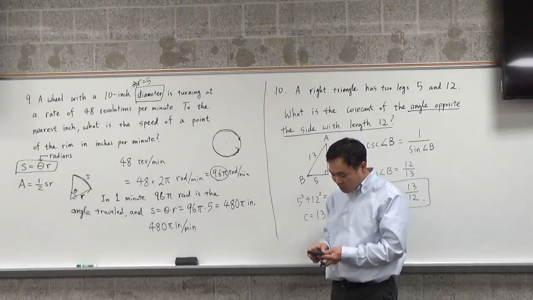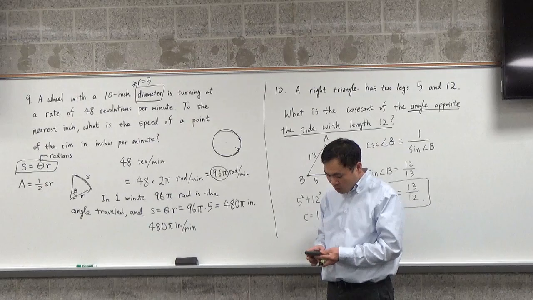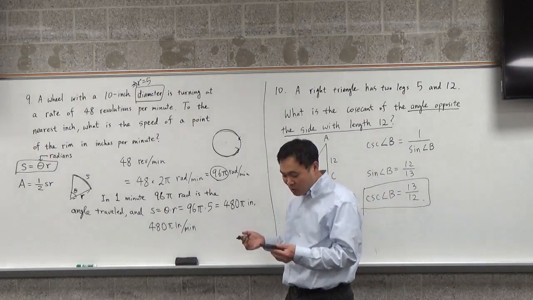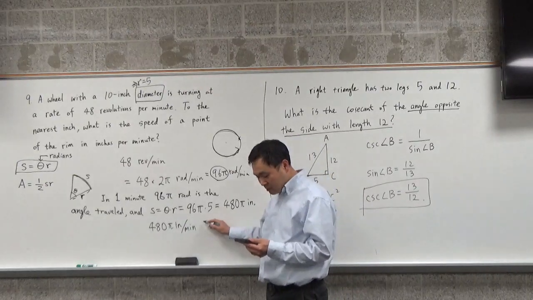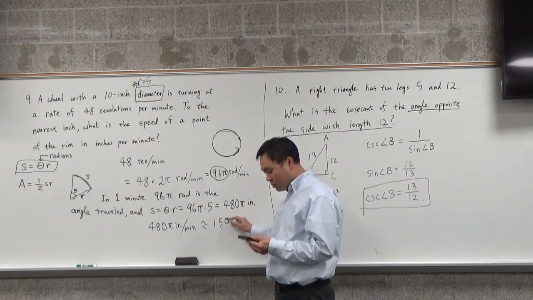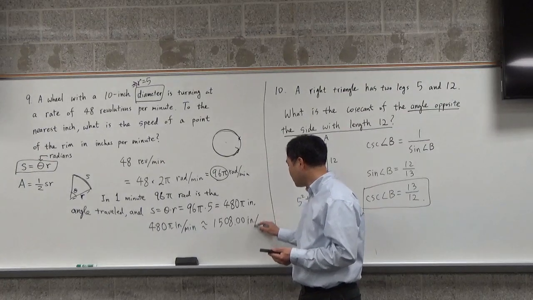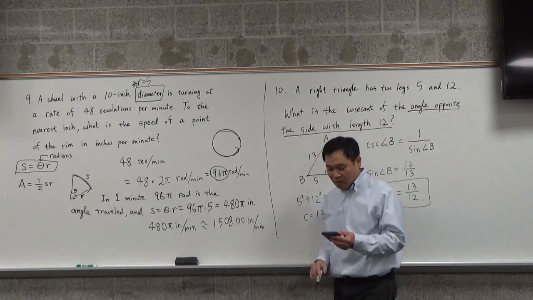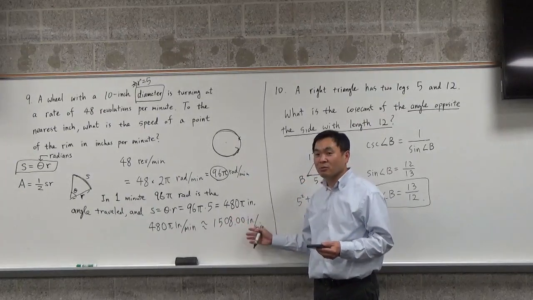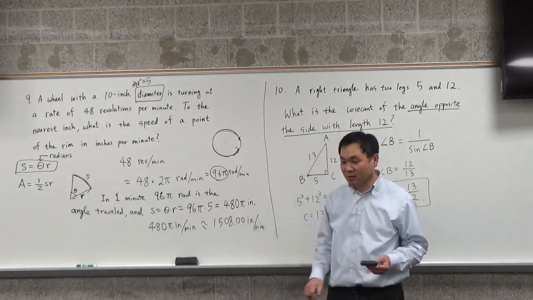So what I'm going to do is multiply 480 times 3.1416, the usual approximation for pi, and that gives me about 150,800 inches per minute. So the real value is 150,798. So if you round it to the nearest hundredths, everything carries over, and this is what you get.